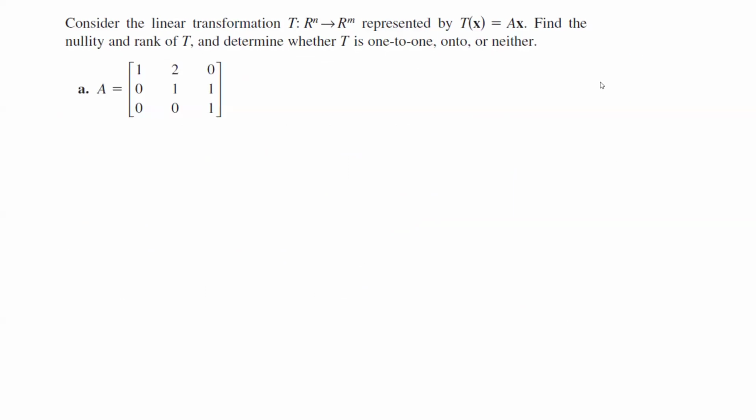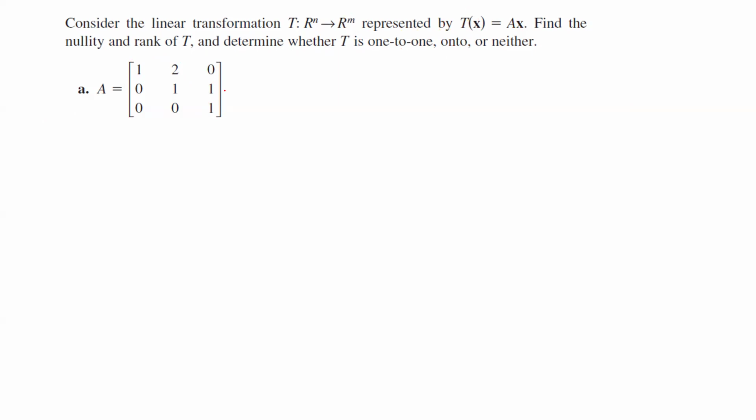Consider the linear transformation T that maps n space to m space. It's represented by Tx equals Ax. The question says find the nullity and rank of T and determine if T is one-to-one, onto, or neither. You have a 3x3 matrix.